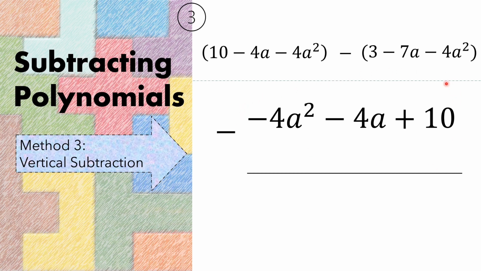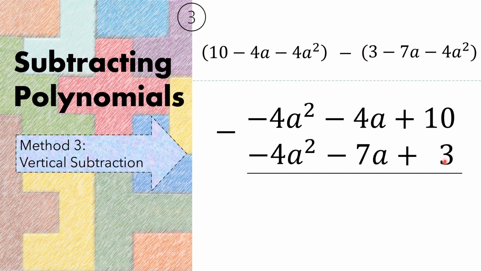Okay, so let's start with negative 4a squared under negative 4a squared. Then negative 7a under negative 4a, 3 under positive 10.